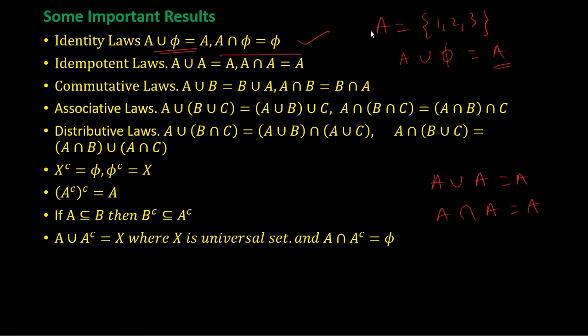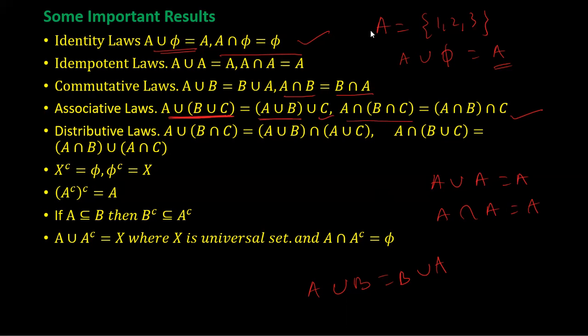And commutative law: A union B equal to B union A, and A intersection B is B intersection A. Associative law: A union B union C will be associative. Just shift the brackets and take with C. These are the same. You just need to remember this formula.